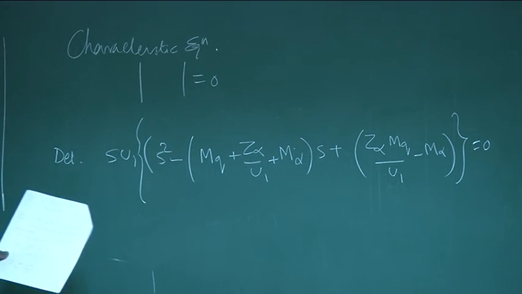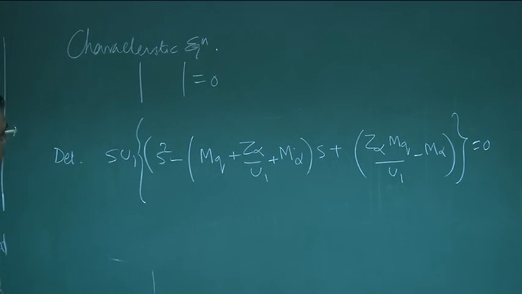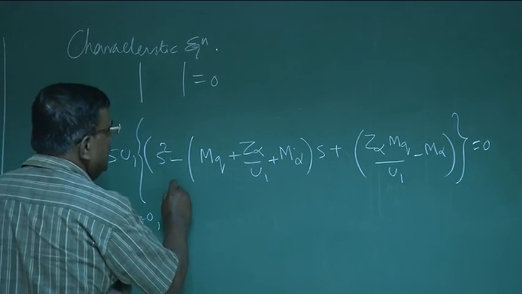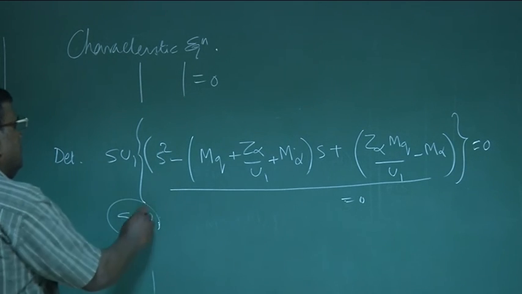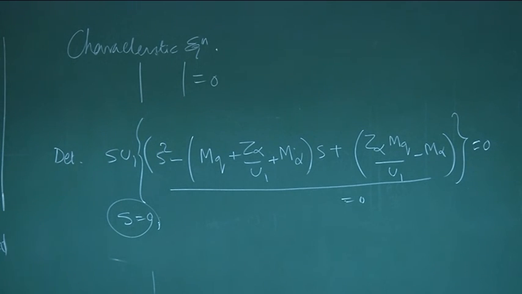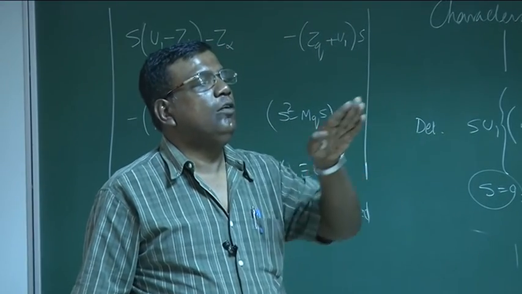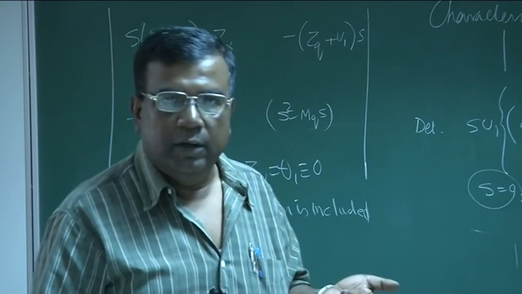Now this equal to 0 means that this one is 0 or this one is 0 or both are 0. So from this you get s equal to 0 as one solution, another is this whole term equal to 0. s equal to 0 is obvious. This is some sort of a neutral stability because for the airplane, whether it goes straight, goes like this or goes like that, as far as aerodynamics is concerned, it is the same thing, right?